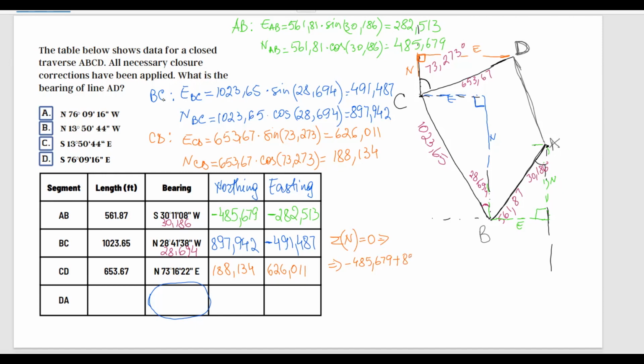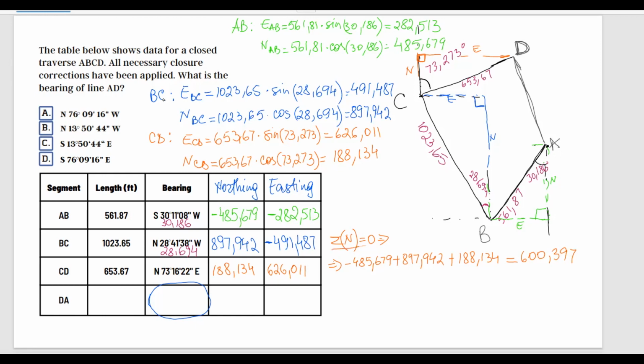plus 897.942 plus 188.134, and I get a value of 600.397.